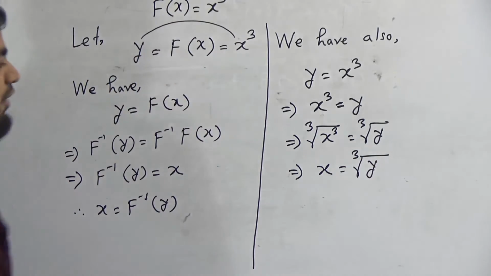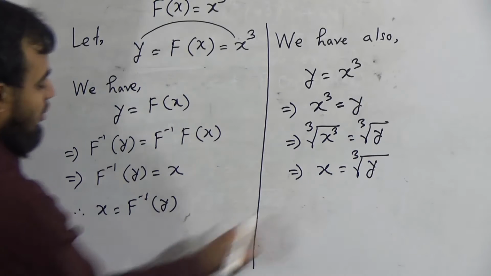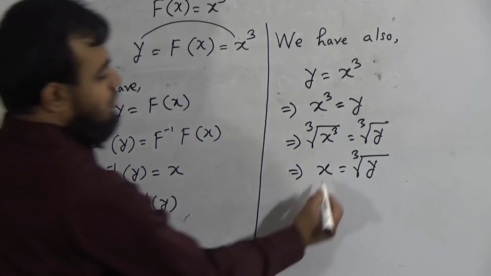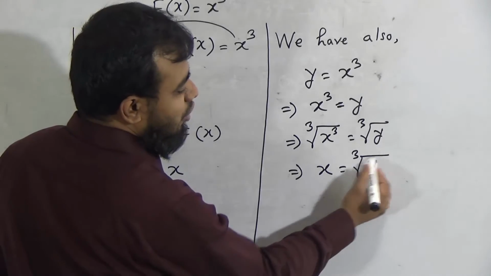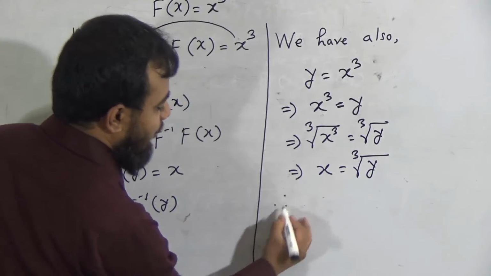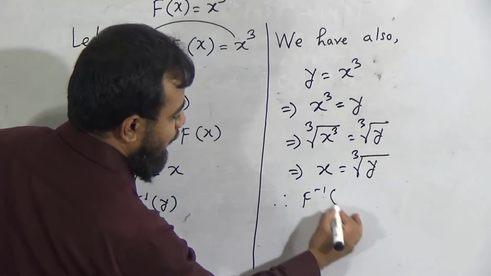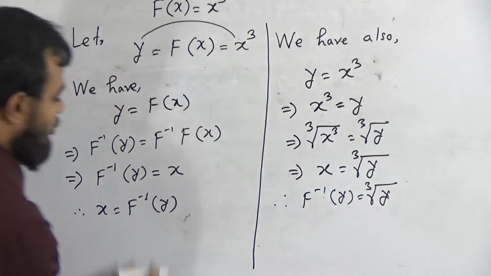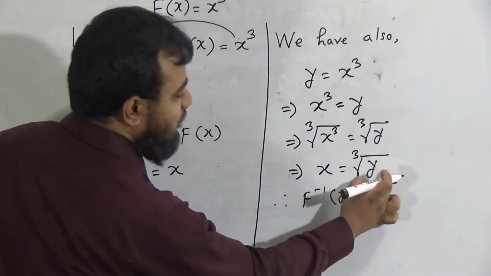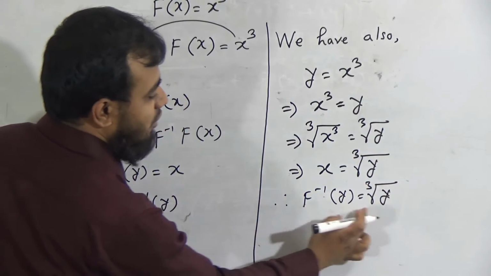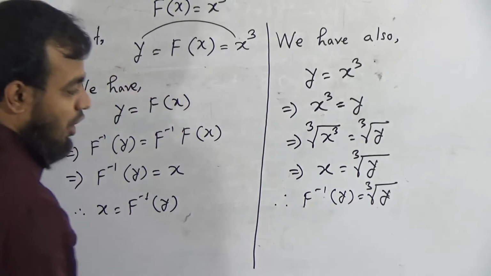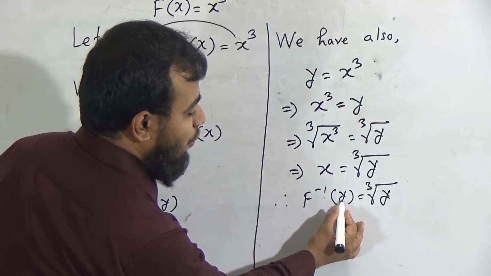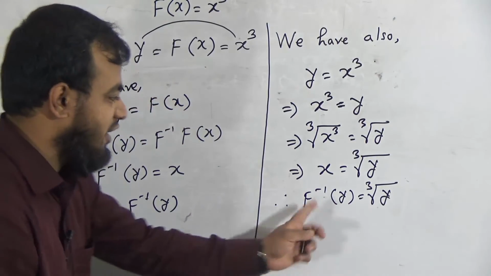Okay, dear students. Now put the value of x here. The value of x is f inverse of y, and the value of x is also cube root of y. That is why we can write, therefore, f inverse of y equal to cube root of y, because these two are the value of x. But we need the value of f inverse of x.